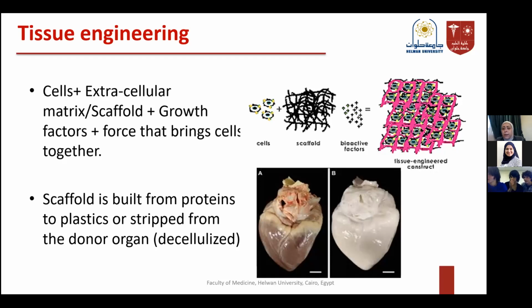So tissue engineering has the concept that we have cells, scaffold, growth factors, and the environment that gives this all together, or a force that forces these elements together into a certain shape, okay?